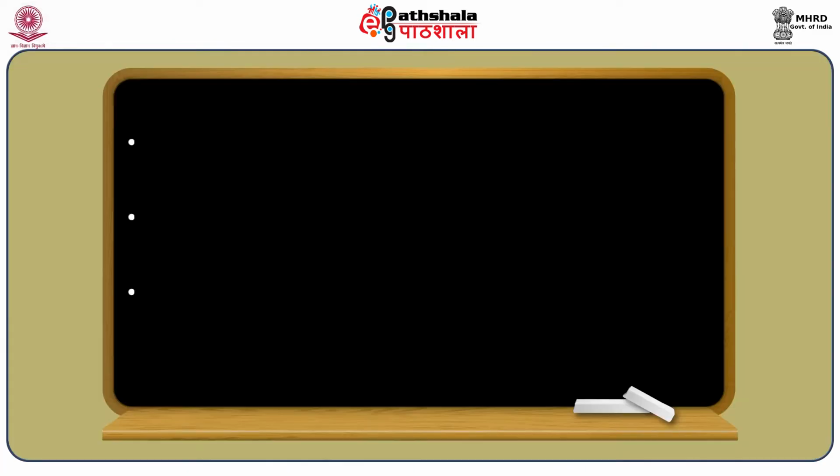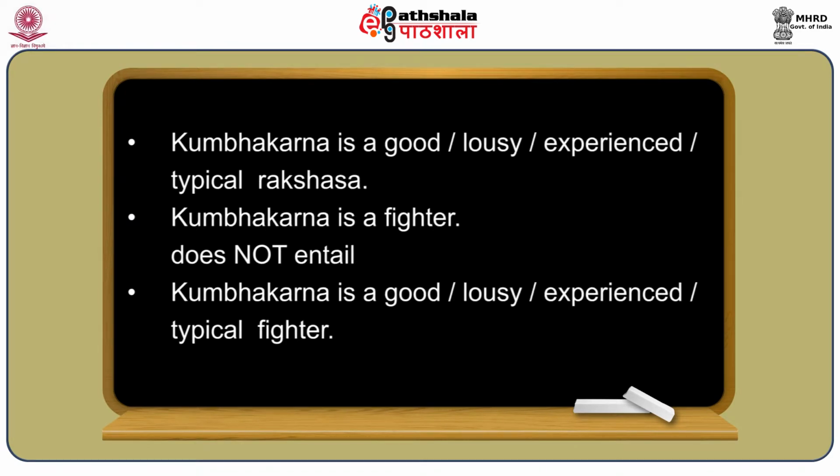But this is not true of all adjectives. The following adjectives, for example, do not allow the above kind of substitution. Suppose I say Kumbhakarna is a good or lousy or experienced or typical Rakshasa. Kumbhakarna is a fighter. Kumbhakarna is a good, lousy, experienced, typical fighter.